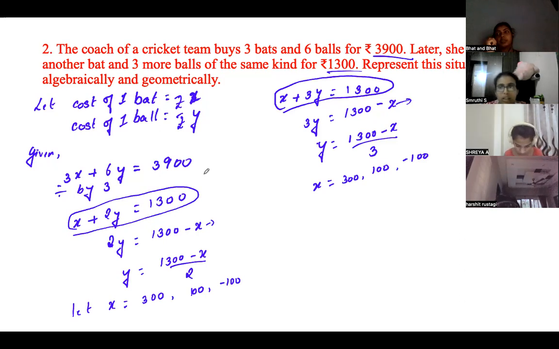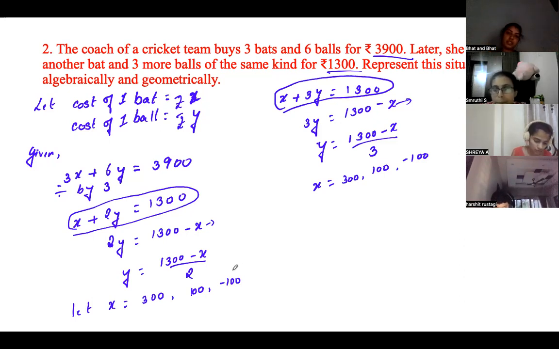You remember the table we have done? So you have to apply it in the table and find out. Tell me whether it is intersecting, parallel, or coinciding. Intersecting. They are intersecting. That is A1 by A2 is equal to B1 by B2. Is it?